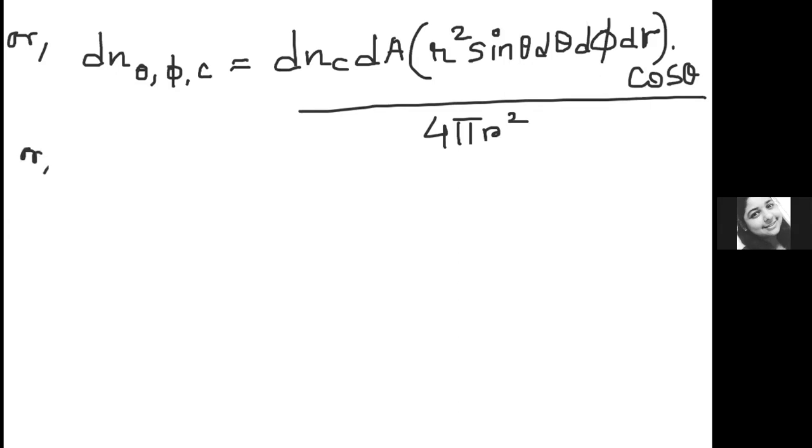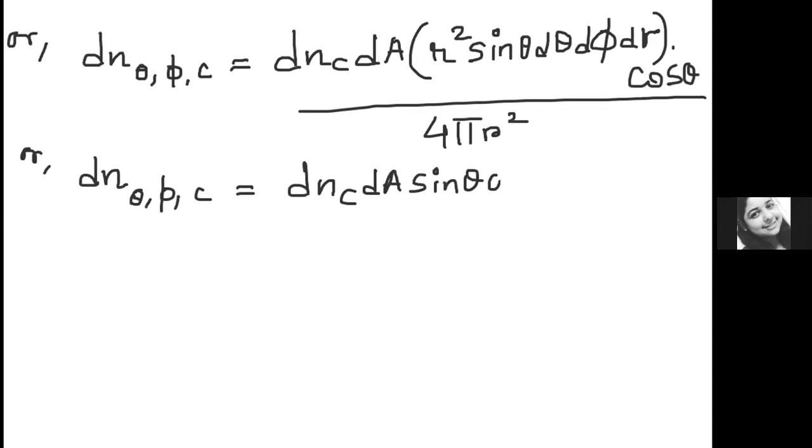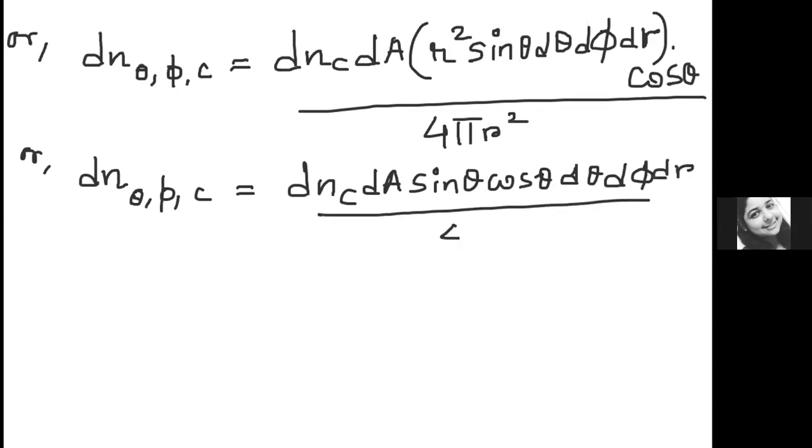The following line would be dn(theta, phi, c) equal to dn_c dA sine theta cos theta d theta d phi and dr by 4 pi.